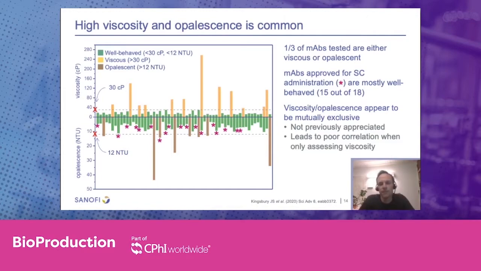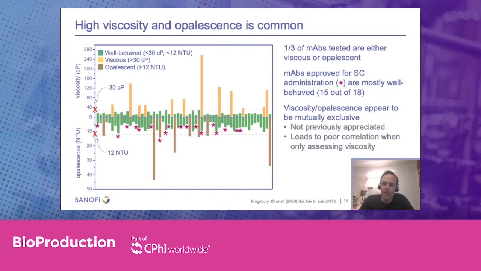Secondly, the viscosity and the opalescence appear to be mutually exclusive. So at higher concentrations, the antibodies either tended to become viscous or opalescent under these conditions, and not both. We believe this to be of fundamental and practical significance. On the practical side, it means that when looking for predictors of this high concentration behavior, since these phenomena appear to be related, it will be important to account for both phenomena in the proof of concept data set.